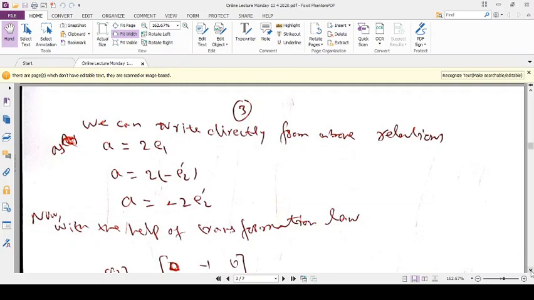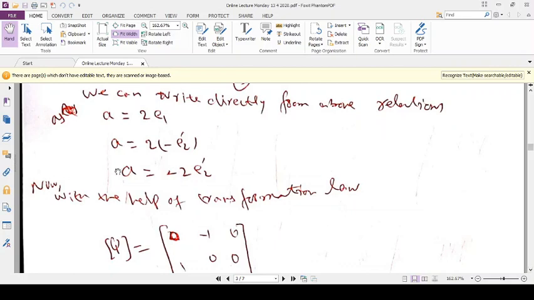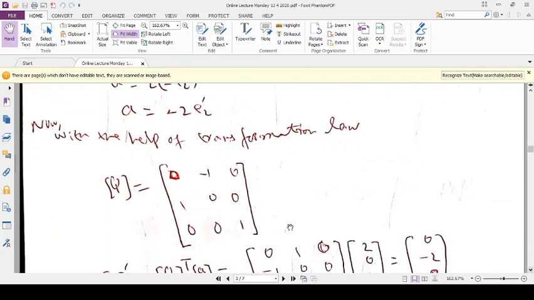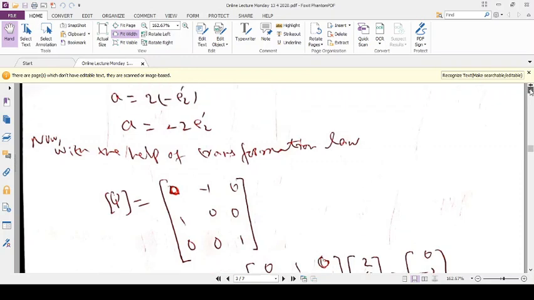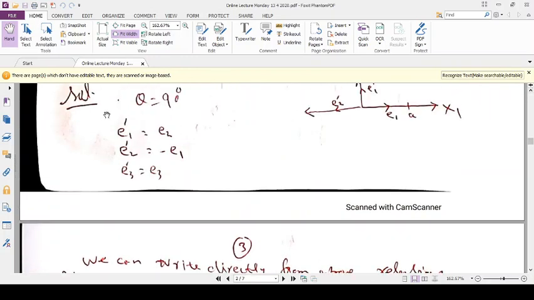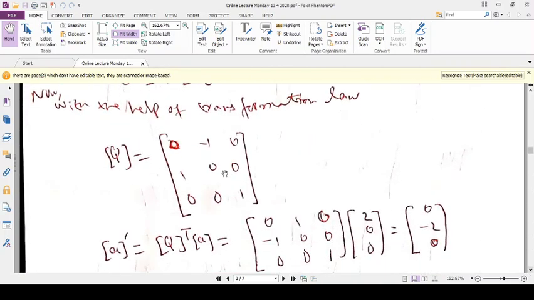Now if you want to calculate this result from your transformation law, then what you need is to write the matrix Q from these three equations. Simply, 0 1 0, minus 1 0 0, 0 0 1.